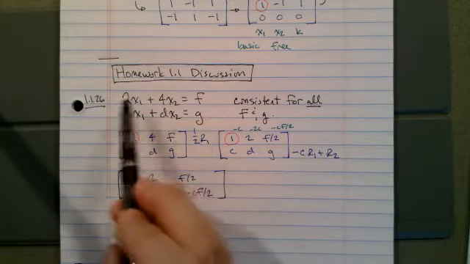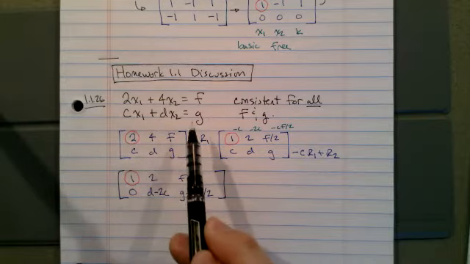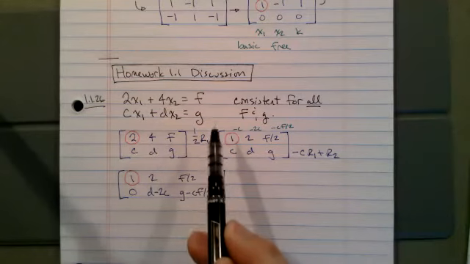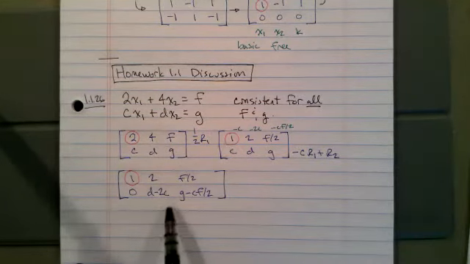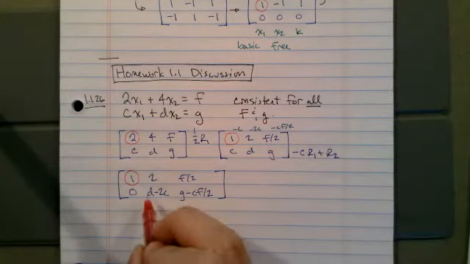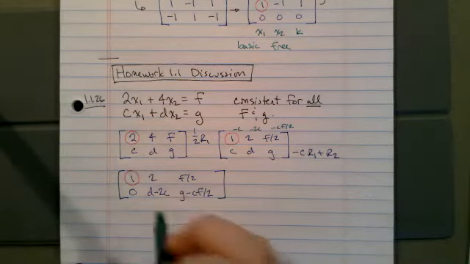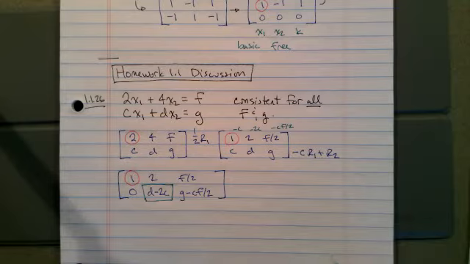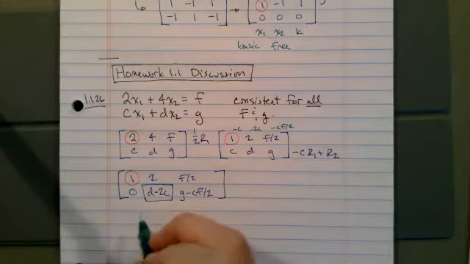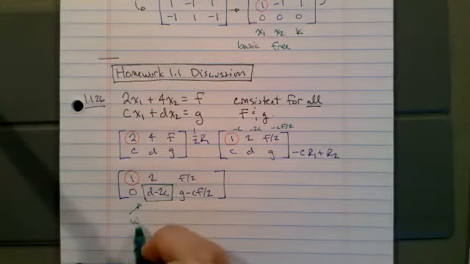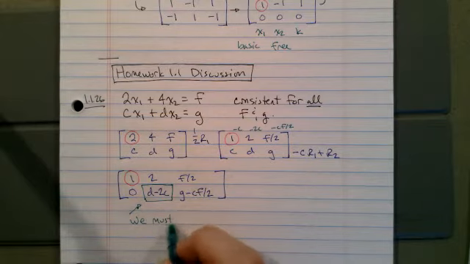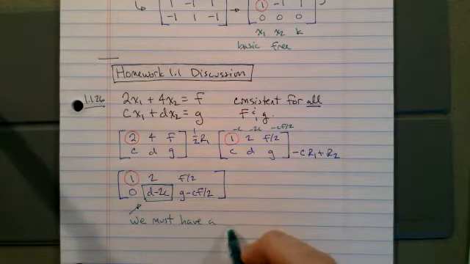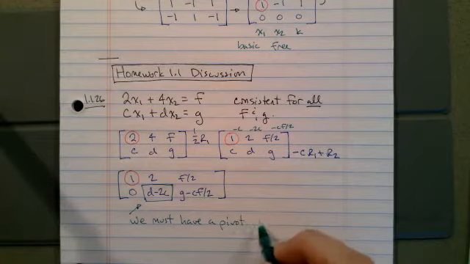So if this linear system is going to be consistent for all values of f and g, we have to have a pivot in this d minus 2c location. So the thinking goes like this. We must have a pivot here.